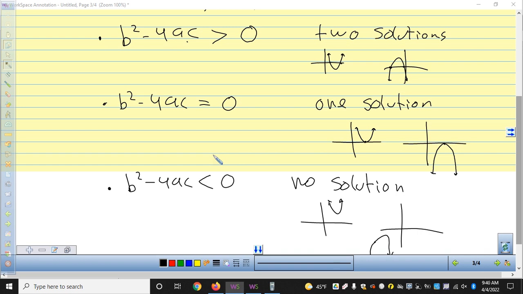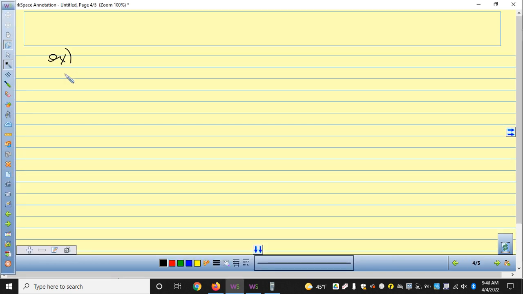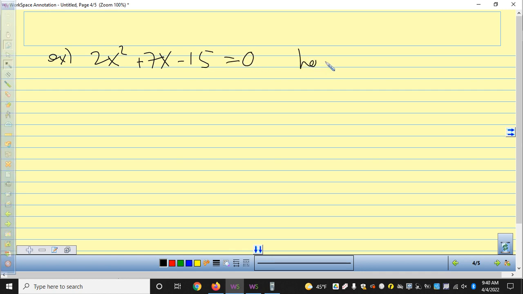All right, so let's look at a couple of examples using the discriminant, and that's really all we're going to talk about for today. 2x squared plus 7x minus 15 equals 0. And we just want to know how many solutions. Well, a is 2, b is 7, c is negative 15.